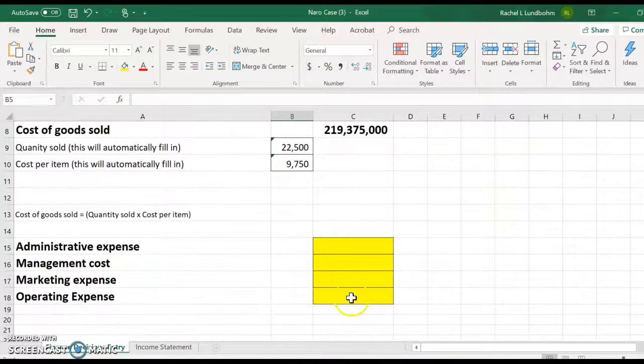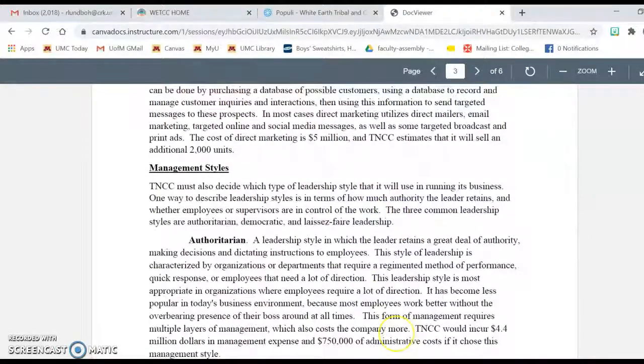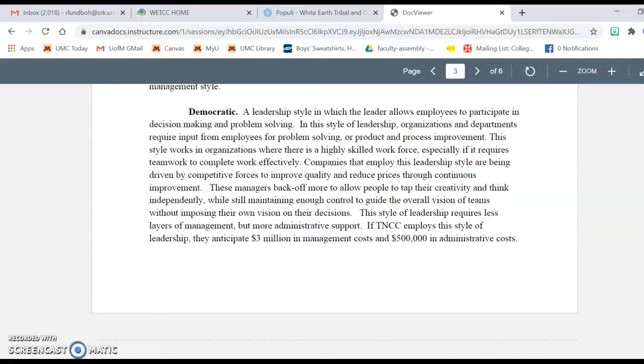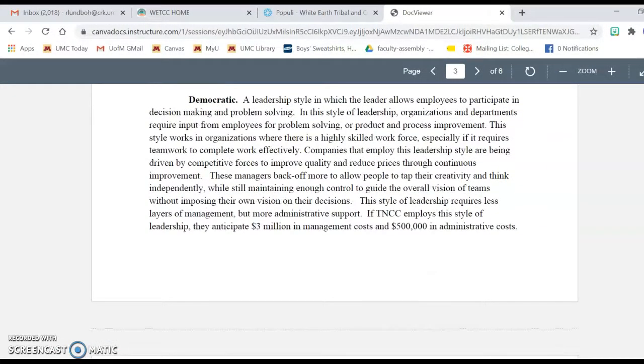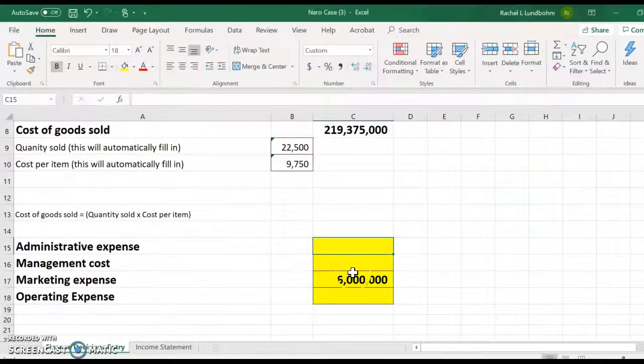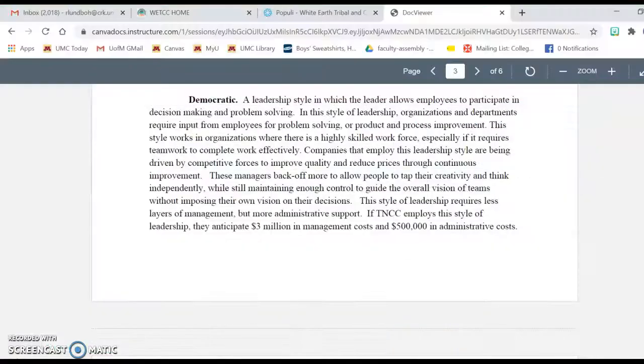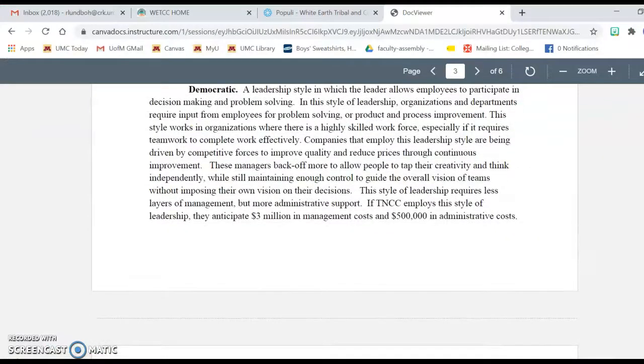Okay, let's look at my marketing expense, which as we recall was 6 million. And I'm going to choose a laissez-faire style. So I will have 3 million in management costs. I will have $500,000 in administrative costs.